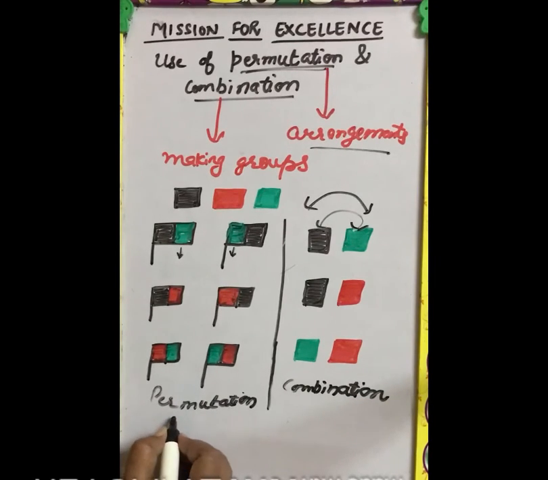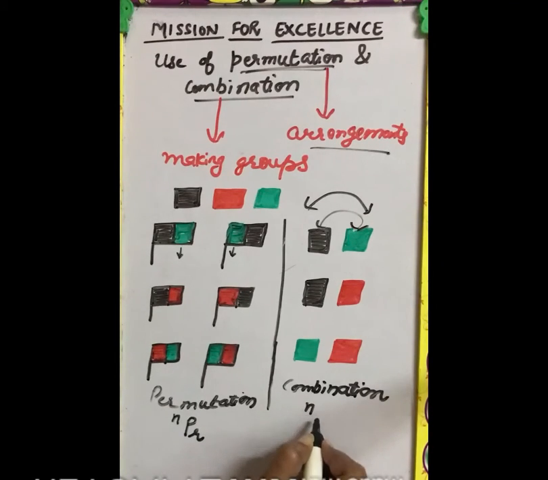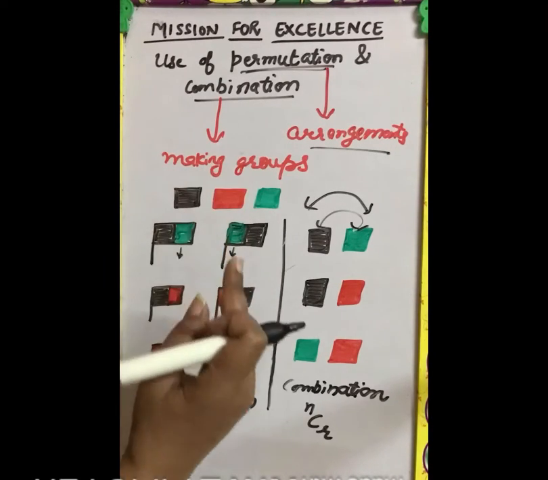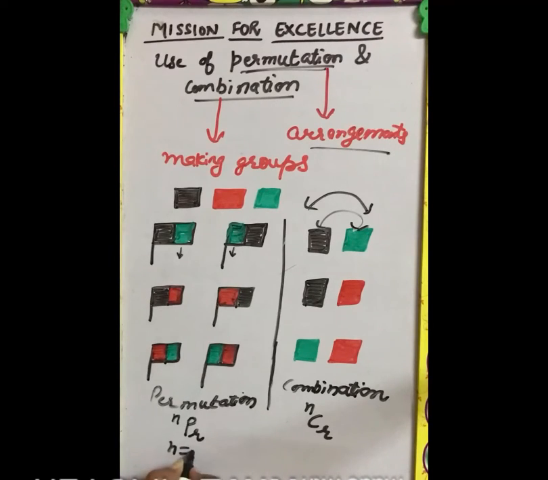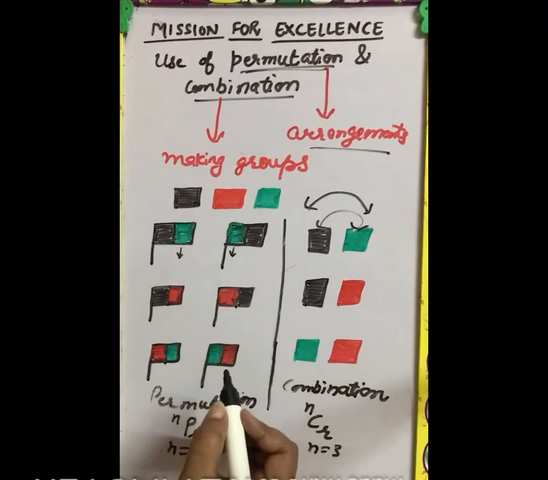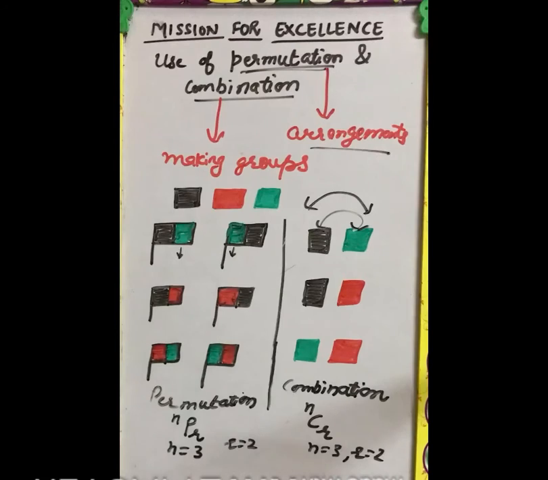In permutation we denote it by nPr and combination is denoted by nCr, where n is the total number of objects and r is the number of objects you have to take at a time. So in this case the value of n is 3 in both cases and the value of r in both cases is 2.